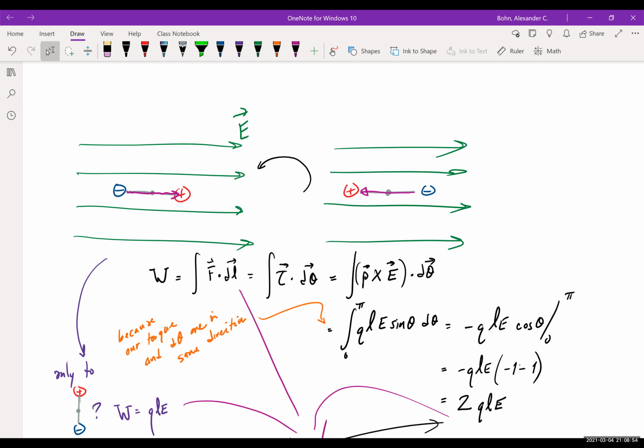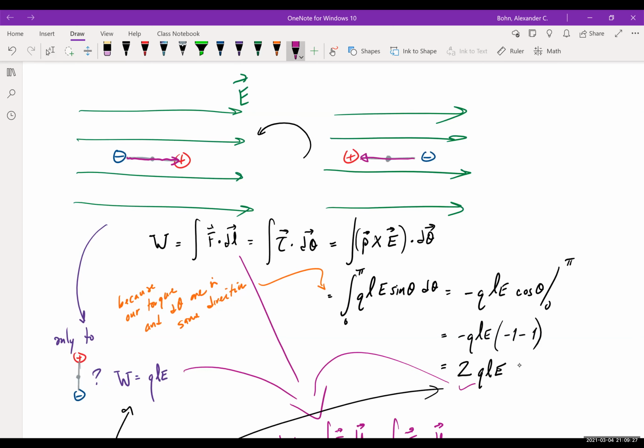Because the torque and d theta are in the same direction, the dot product just reduces to the magnitude of the cross product times d theta. The magnitude of the cross product is the dipole moment cross E sine theta. And we're going to integrate theta from 0 to pi. Integral of sine is negative cosine, and we're going from 0 to pi, which is going to get us negative 1 minus 1. So we end up with that.